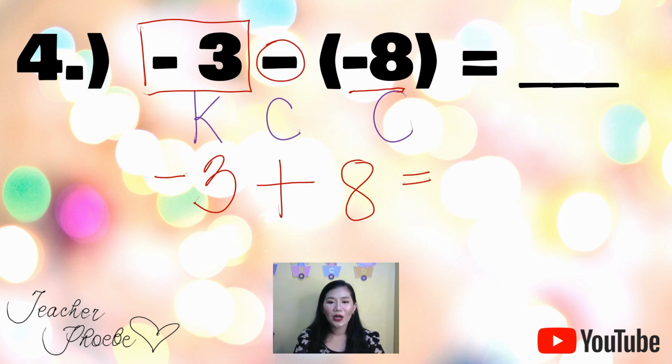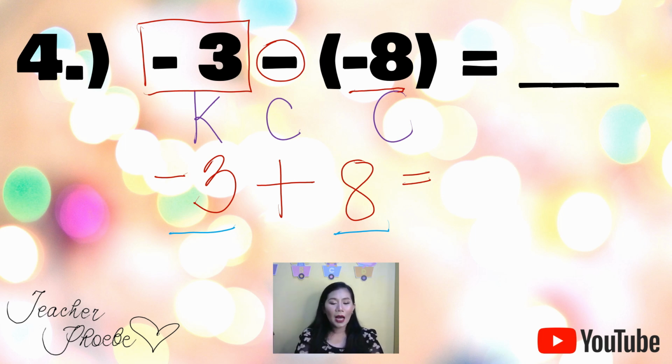Then, after keep, change, what are you going to do? Okay, so you are going to identify the sign of each integer. Ano ang sign ng 3 natin dito? Negative. Ano ang sign ng 8 natin dito? Positive. Apply the rule in adding integers.